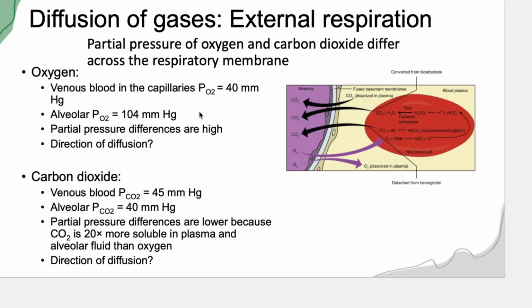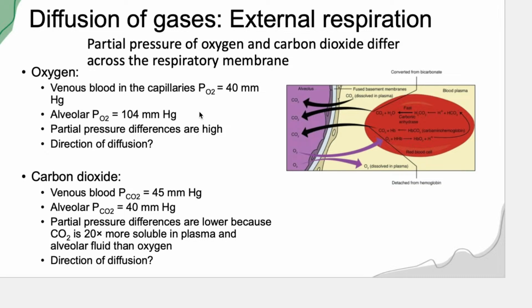Alveolar air full of oxygen has 104, so there's a 60 millimeters of mercury difference there. The partial pressure differences are very high, and that's because oxygen doesn't like to diffuse, so we've got to make a really big gradient for it to diffuse sufficiently to sustain us.